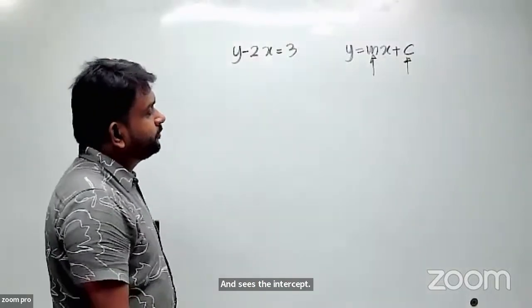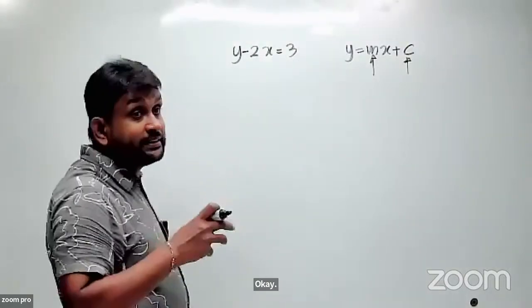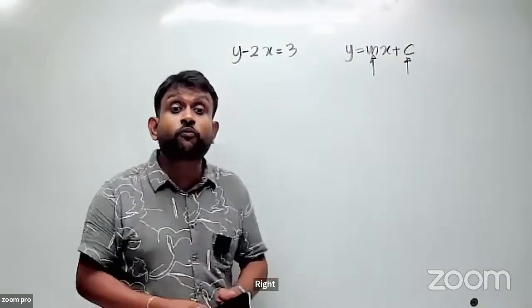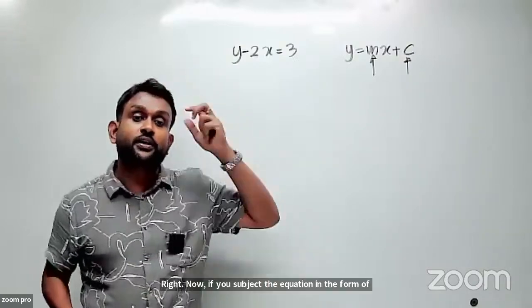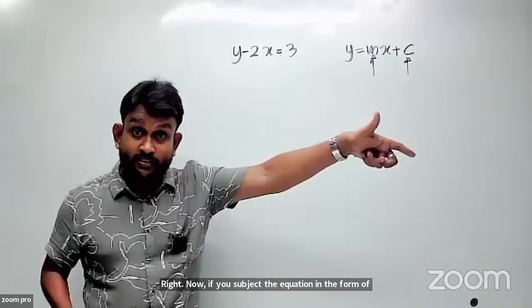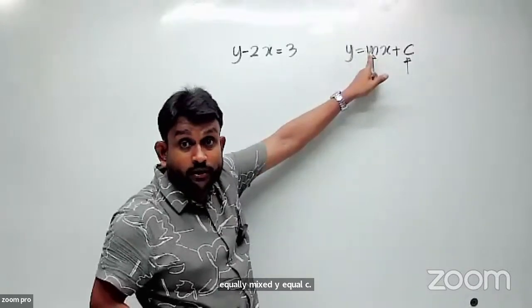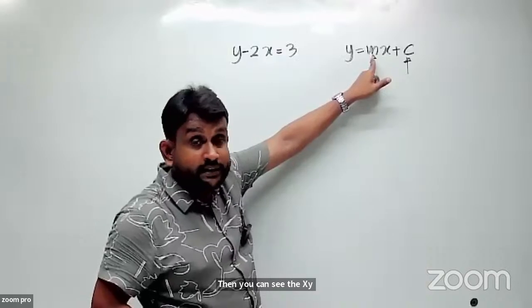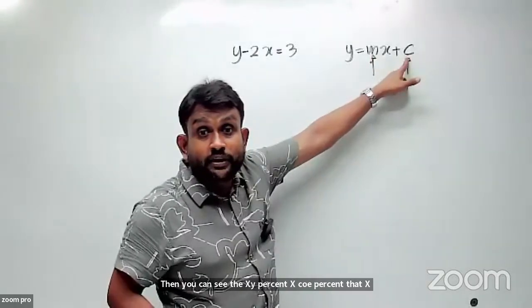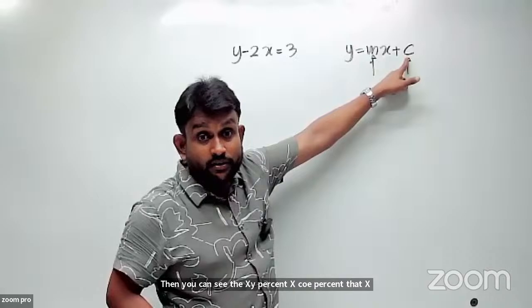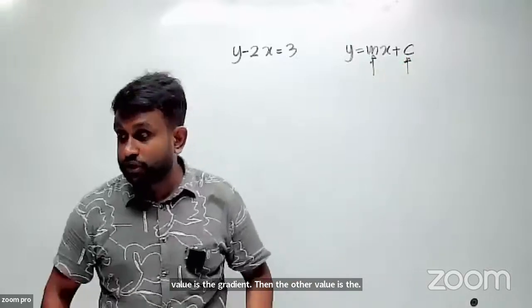Now, if you put the equation in the form y equals mx plus c, then you can see the x coefficient, the value in front of x, is the gradient, and the other value is the intercept. Now you check.